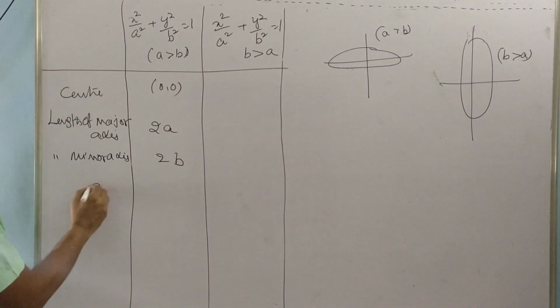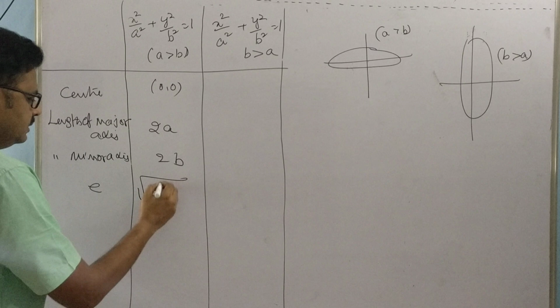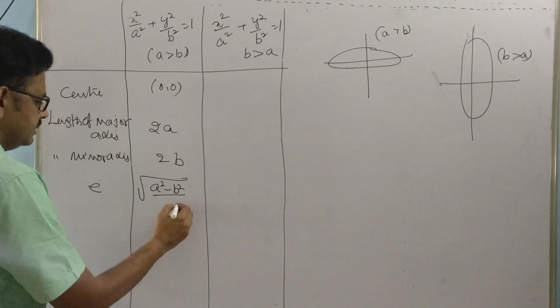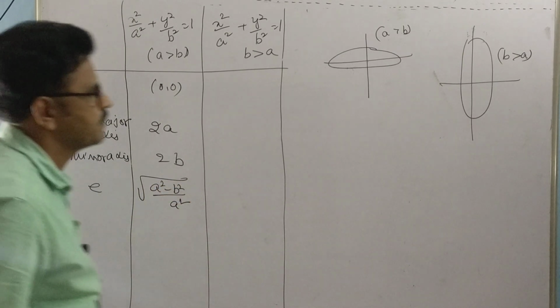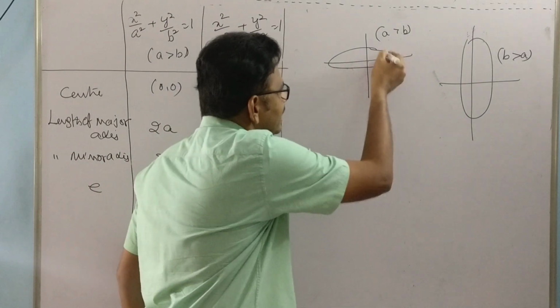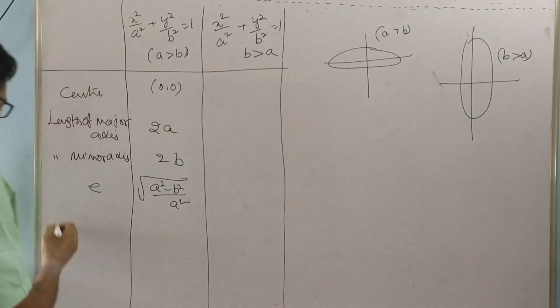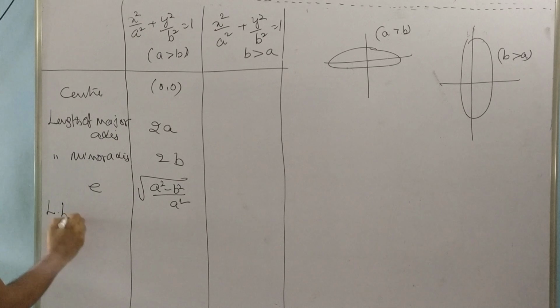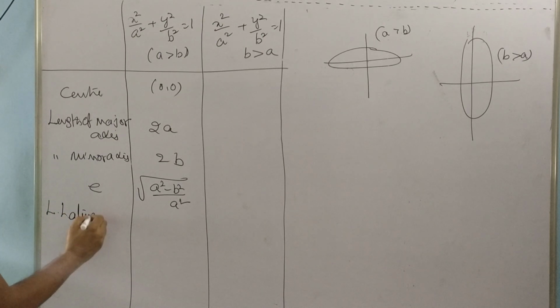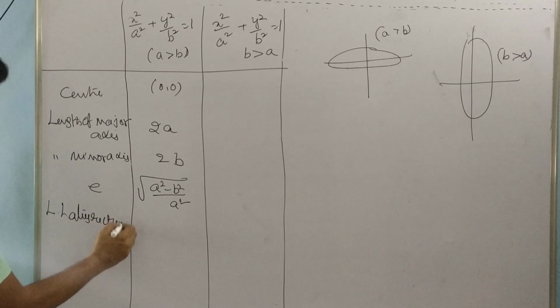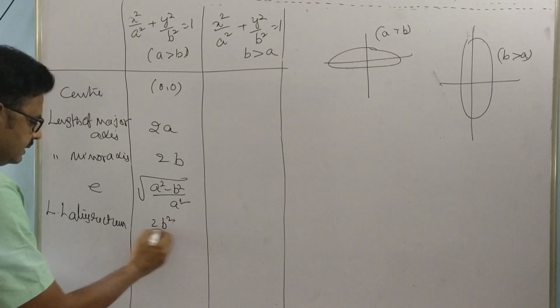Next, eccentricity is root of a square minus b square by a square. Length of latus rectum is 2b square by a.